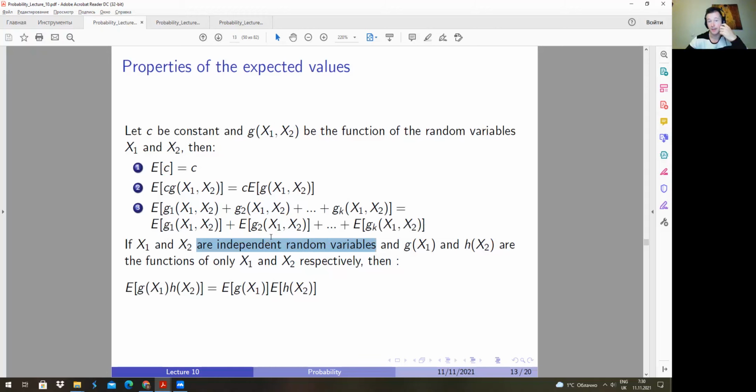And a quite important thing: if they are independent, then this holds. But the reverse is not true. If this holds, it doesn't mean that variables are independent. Because look, the condition of independency was introduced in the beginning.